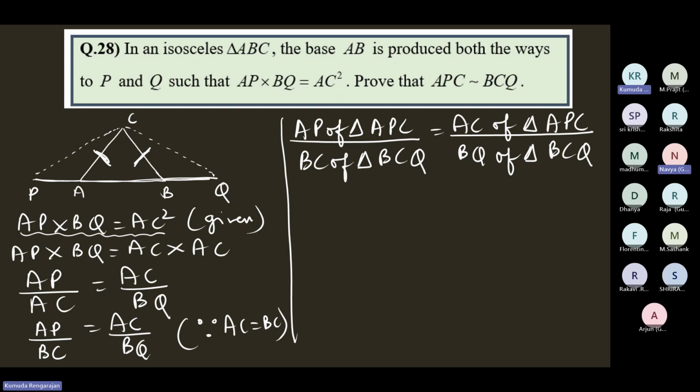So when sides are proportional, we need to find the included angle. You need to find the angle included by AP and AC of triangle APC and BC and BQ of triangle BCQ. If you can find that and show that they are equal, then by SAS similarity criterion, the two triangles are similar to each other.